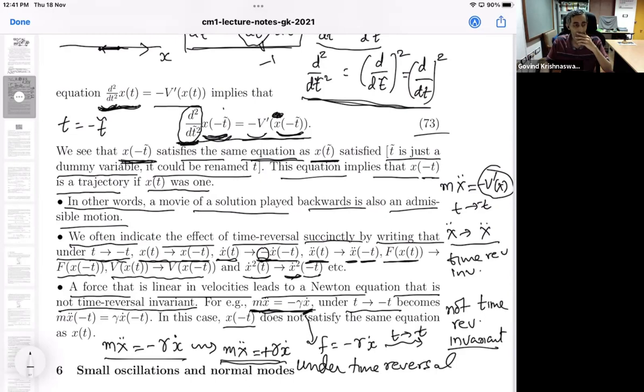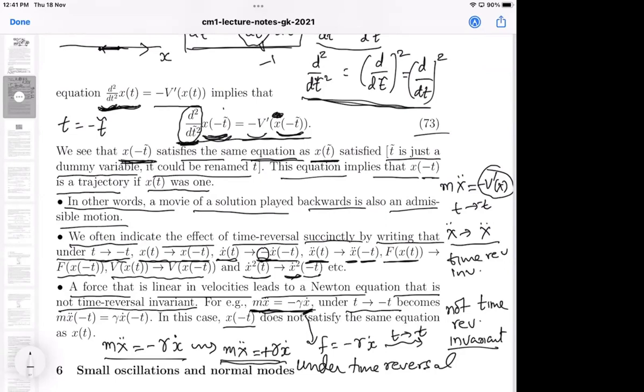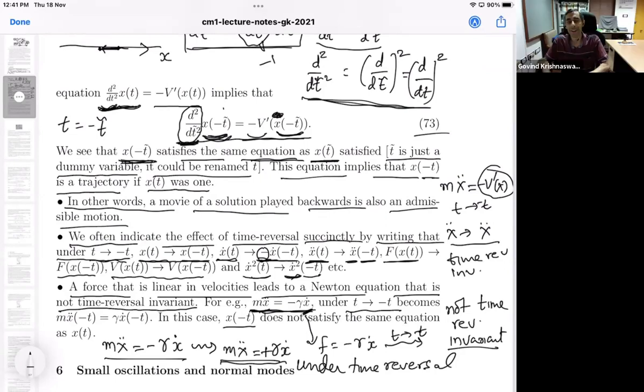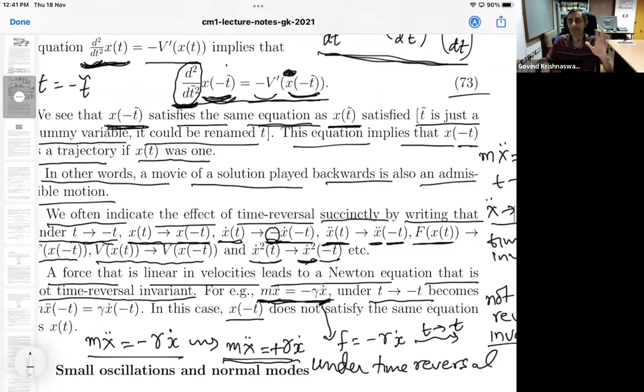So let's look at it this way. What is the physics of this equation? I want to leave this equation and talk about just the physics a little bit away from this, because it's unnecessarily linked to the homework. Suppose a particle is moving in this room. It is subject to air friction.